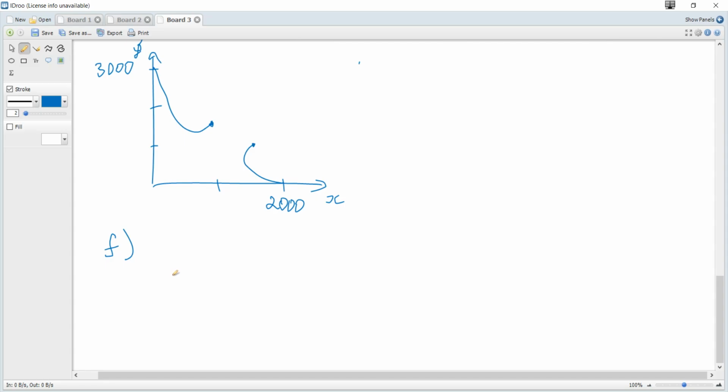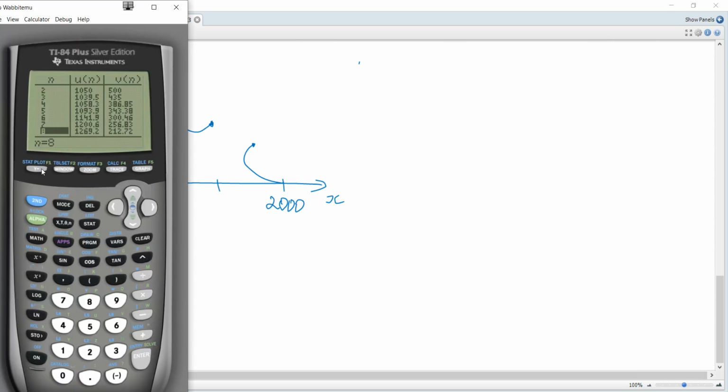Given that the equilibrium point at 800, 600 is a saddle point, sketch the phase portrait for x greater than or equal to 0 and y greater than or equal to 0 on the same axis used in part E. It's not necessary but it's interesting if we consider the equilibrium point 800 and 600.